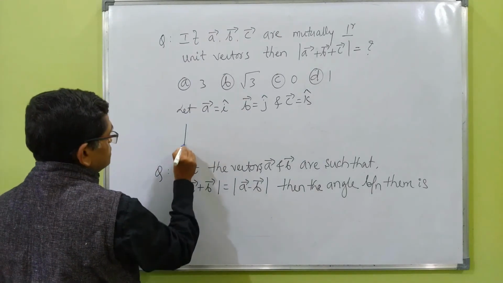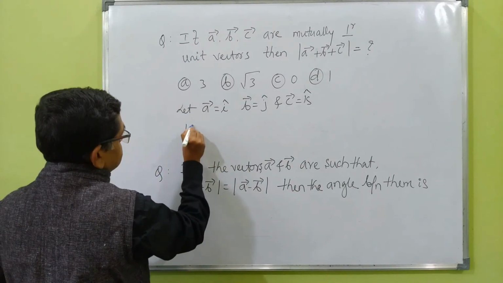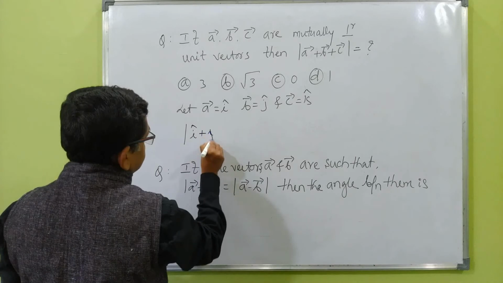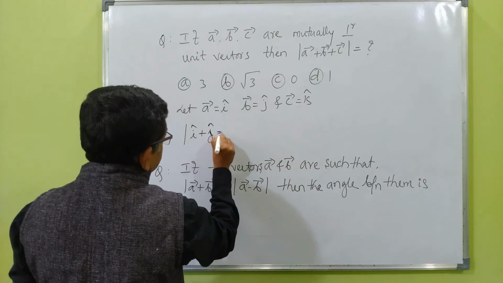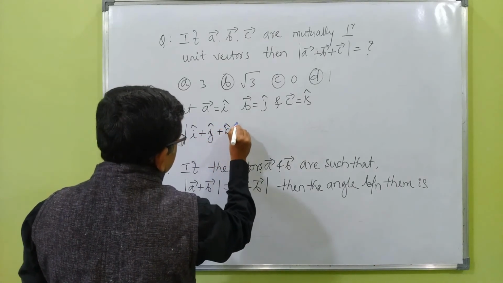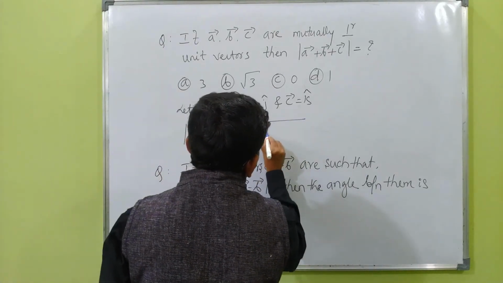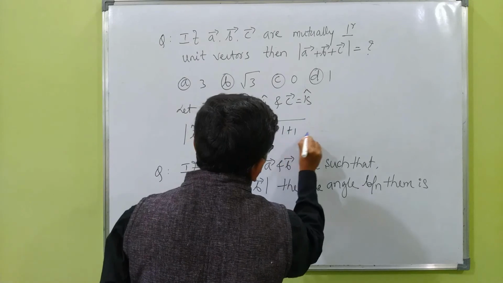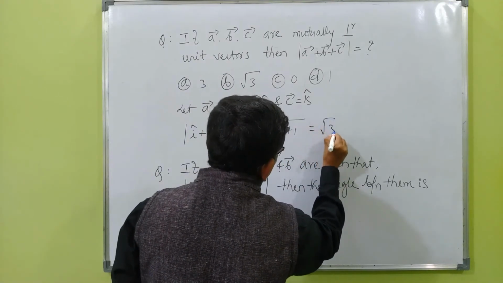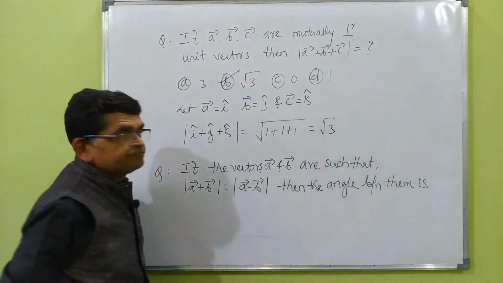Then a plus b plus c is i plus j plus k, that is square root of 1 square plus 1 square plus 1 square, that is root 3. B is the answer.